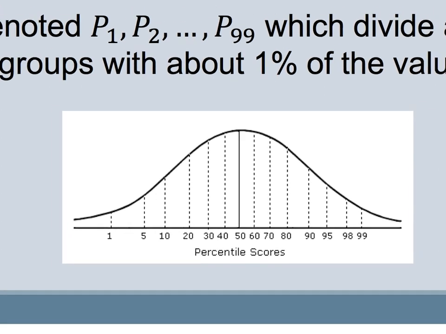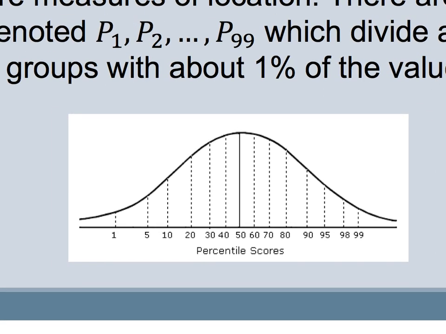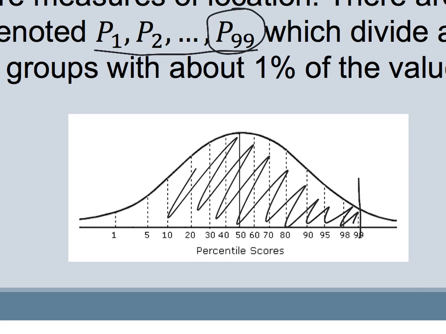The way this book indicates them is with these P's and a number. So if I was at P99, I'm at the 99th percentile. It means that 99% of people did worse than me and 1% did better than me, if I was talking about a test score.